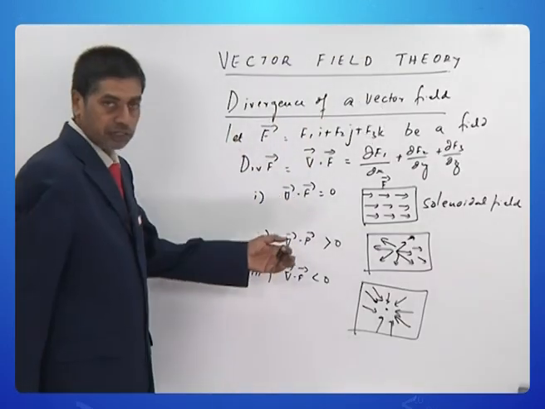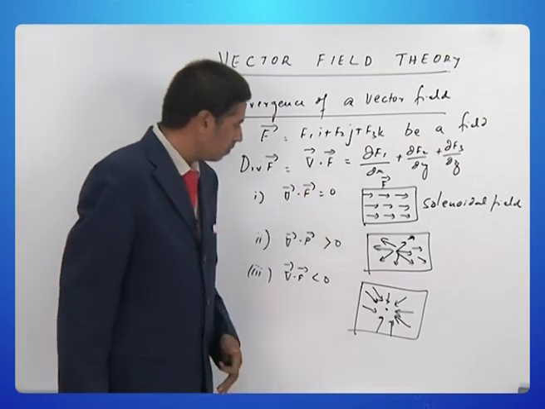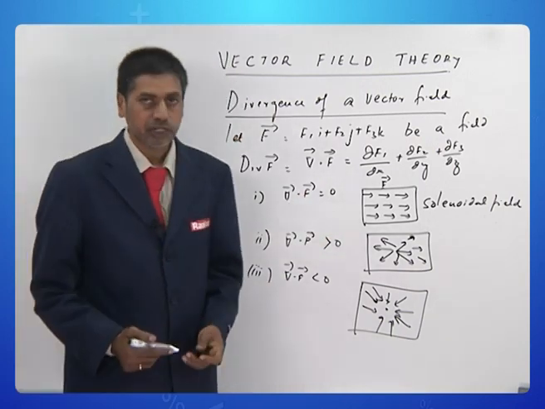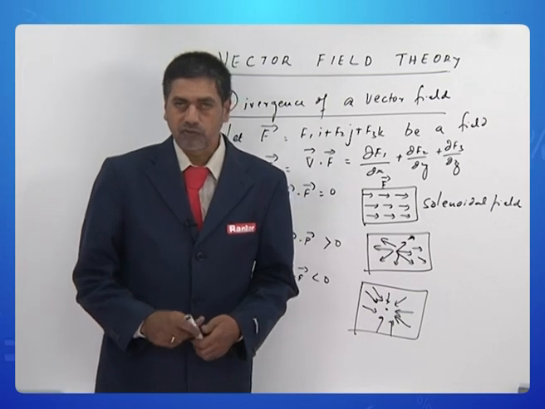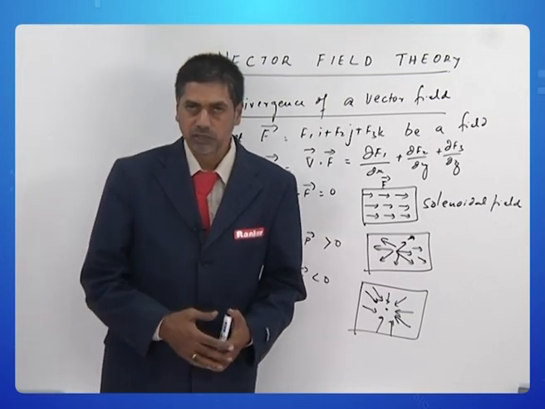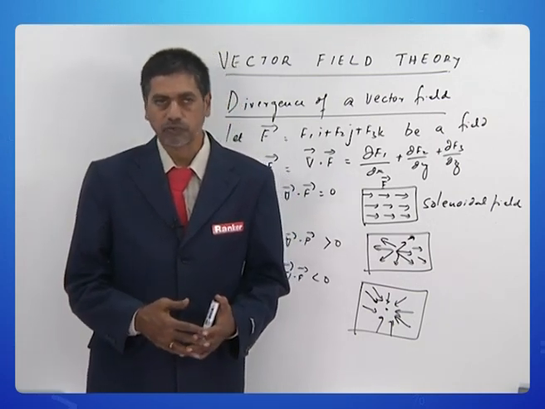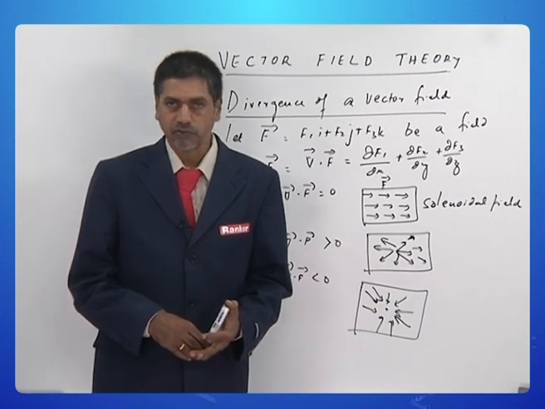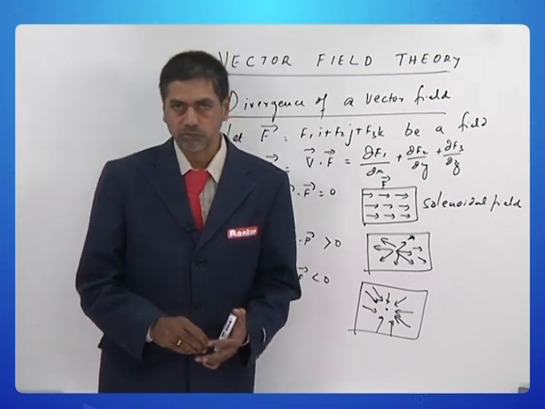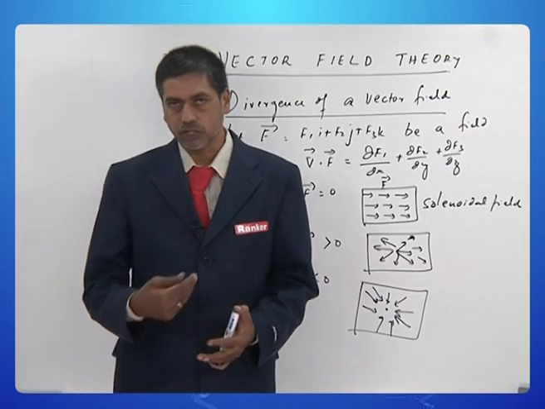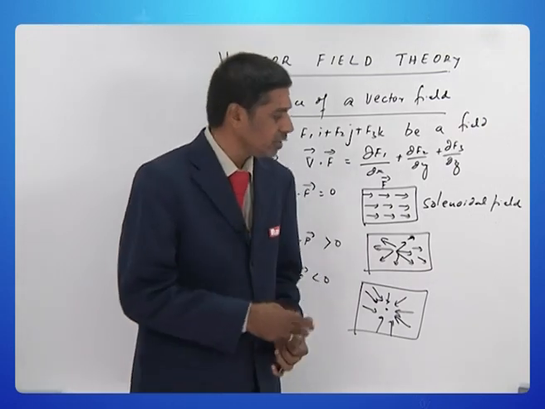So, these are the three possibilities where we have interpretations for the divergence. Of course, the divergence calculation is extremely important when you come to vector integration, when you have that very famous theorem due to Gauss. We will come to that issue after we define curl.